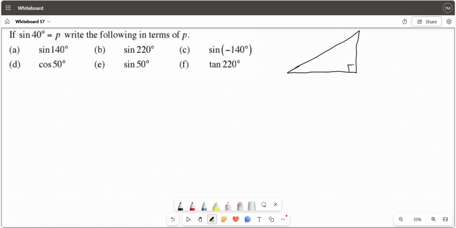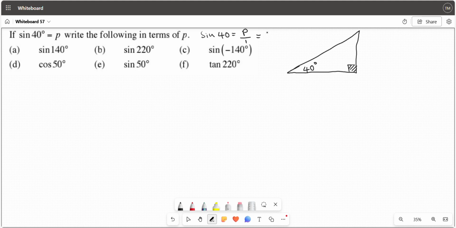So there's my right angle triangle. I have 40 degrees there. And so remember what sine is. If sine of 40 degrees is equal to P, this is actually as a fraction P over 1.